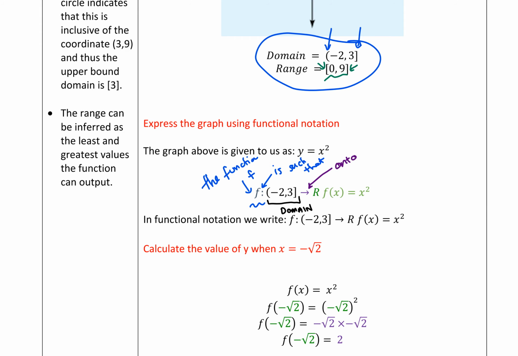Now, this means that when I say the function, the domain maps onto the real number field, that's what this R means, the real number field, that simply means that the output could be an irrational number. For instance, suppose that I subbed in the 4th root of 2.